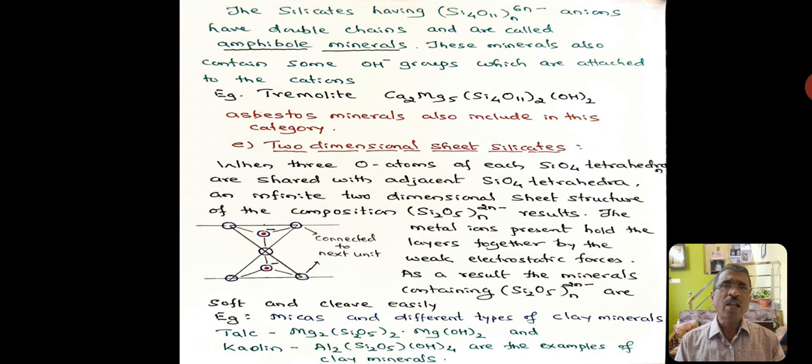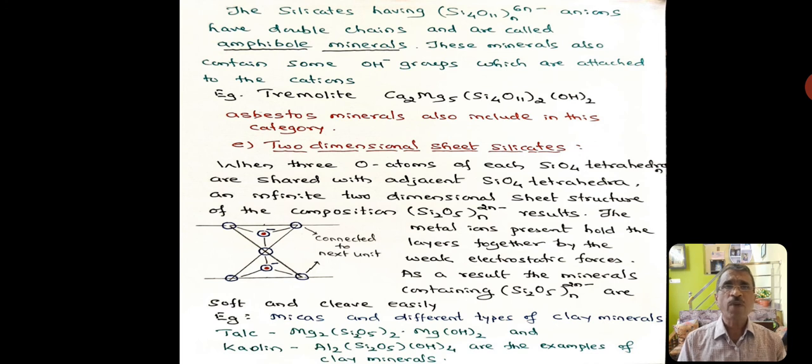So the tremolite is nothing but calcium magnesium amphibole silicate, and it has this formula. In this, Si4O11 carries the 6 minus charge. So therefore 2 are there, 12 minus, 2 OH groups are there, totally 14 minus charge.